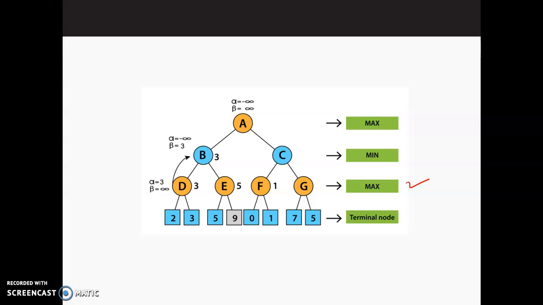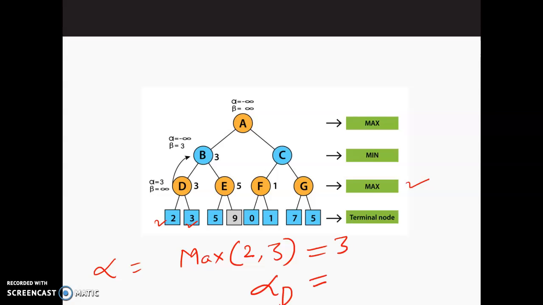So we will determine the value of alpha at max by applying max of 2, 3. Alpha is equal to the maximum of 2 and 3, and it will give us 3. So the alpha value at node D is 3. So that is why alpha is 3.